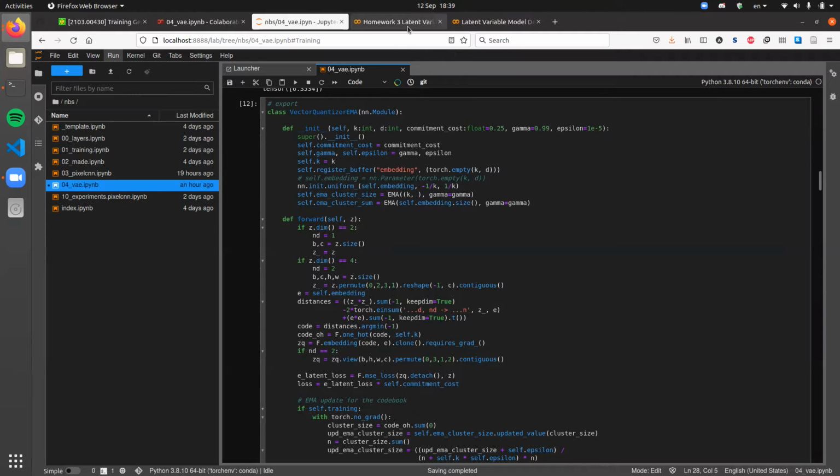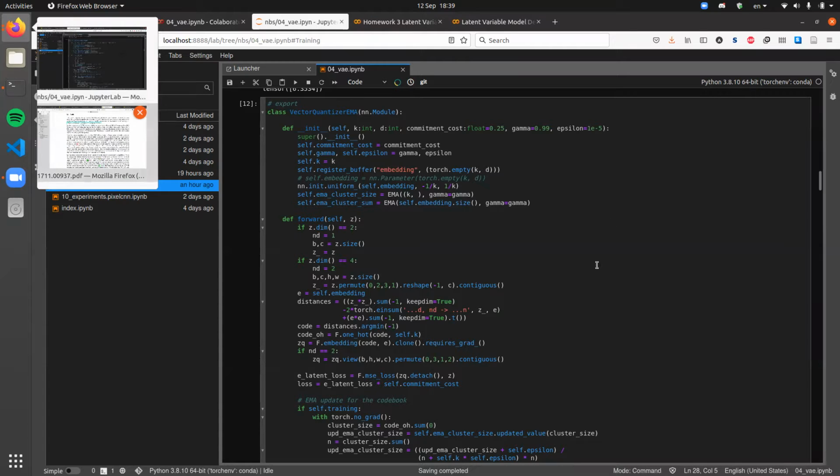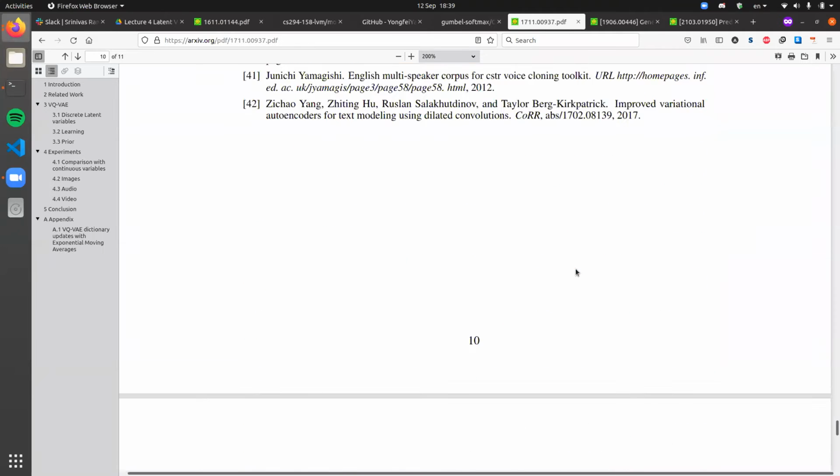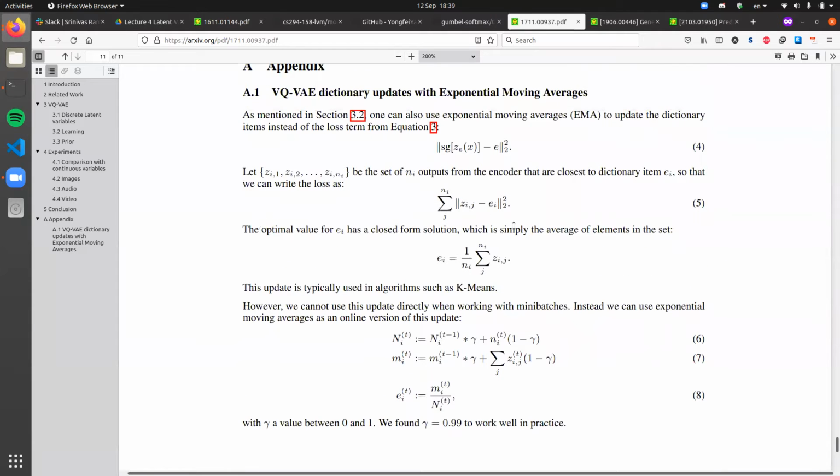Let's look at the explanation in the paper, which may be more concise. We had this loss component here, but you can think of it as using k-means of the closest encodings to represent a certain entry of the codebook. But because we don't have a static encoder, we learn it jointly.